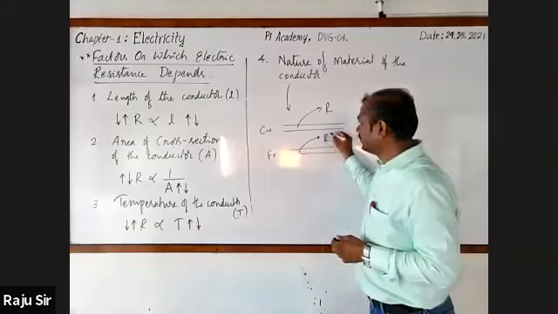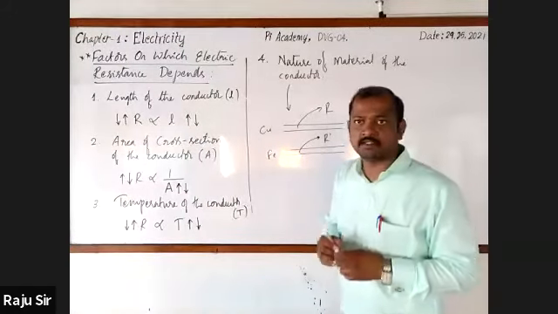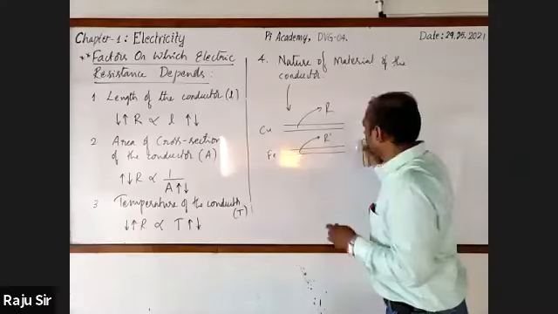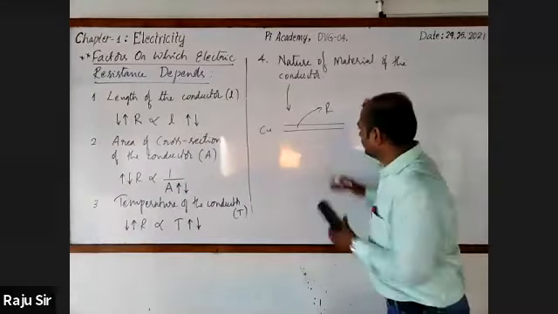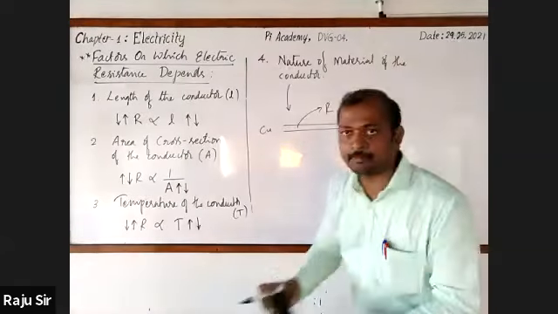Different, sir. Copper has its own electric resistance. Iron has its own electric resistance. Is it not? Okay. Now I take only copper.